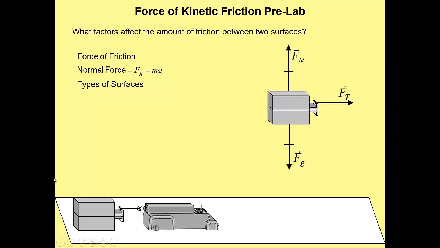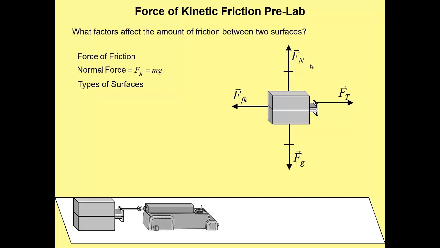Now, there's a string here, so there's a force of tension. I suppose in your pivot it's an applied force, but there's still a force that's pulling the block of wood forward. And then, of course, there's friction between the wood and the table or whatever it's being pulled across, and that force will oppose motion, and so that's our force of kinetic friction. Remember, kinetic means moving. This is when the surfaces are sliding over one another, as opposed to static friction, when you might be pulling on something but it doesn't move because friction is keeping it from moving.